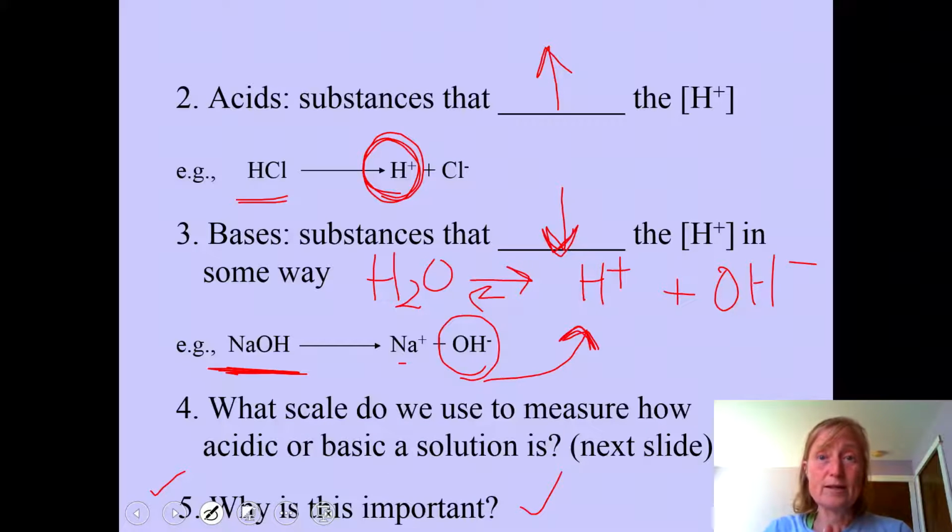If our blood becomes more acidic or more basic than that little tiny range, we're dead. That's not good. Lots and lots of chemical reactions take place in very narrow ranges of pHs. And so the acidity or the basicity, the pH of a solution is critical for life on Earth.